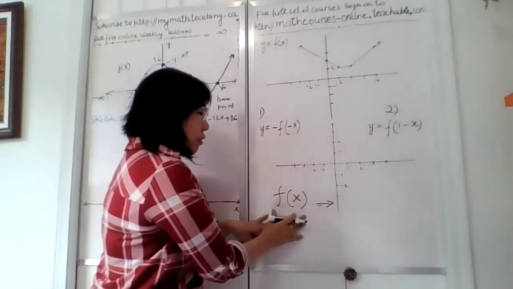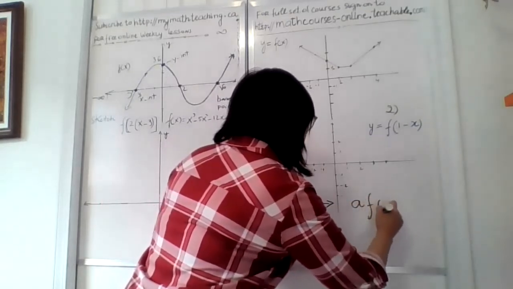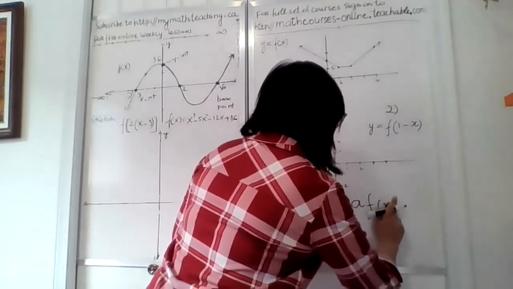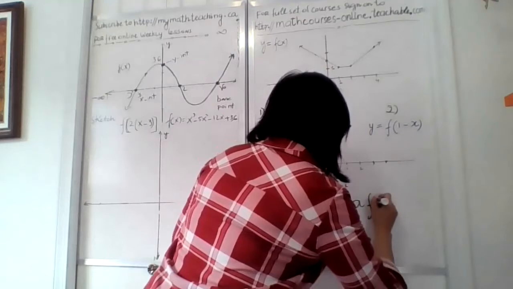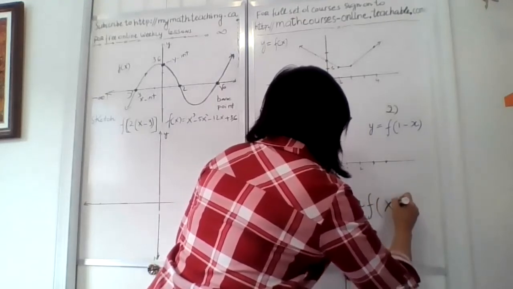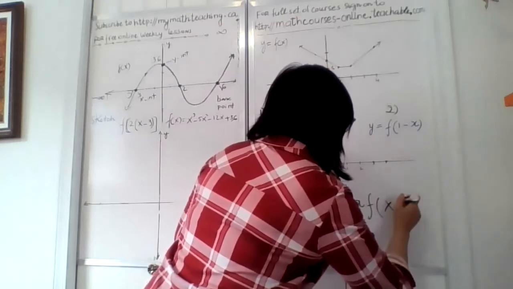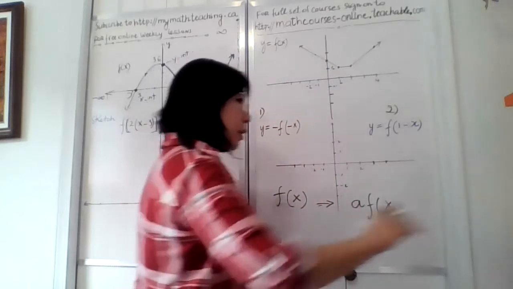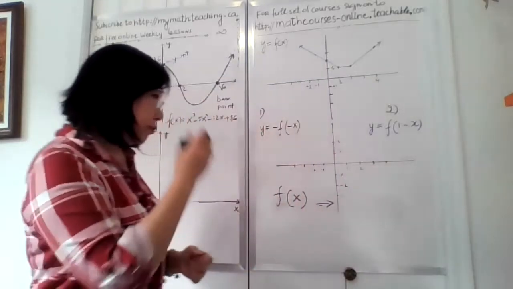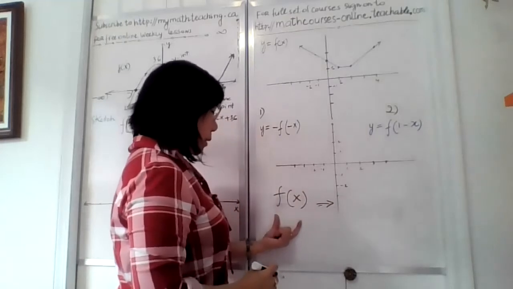The original function is f of x. So let's say you have a function f of x.